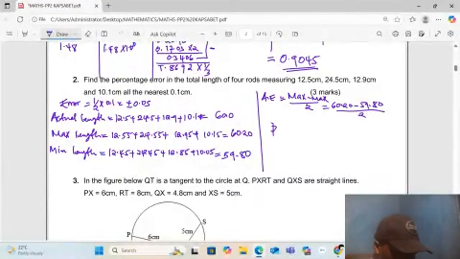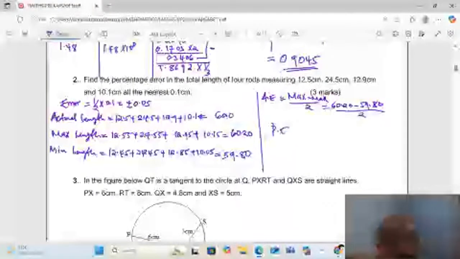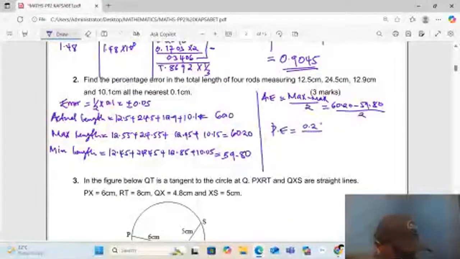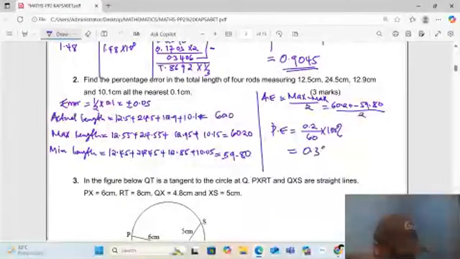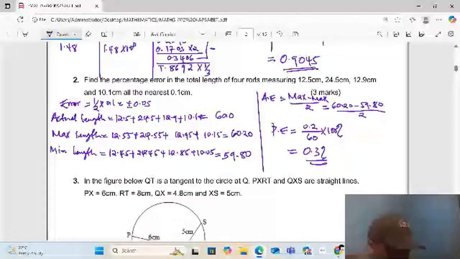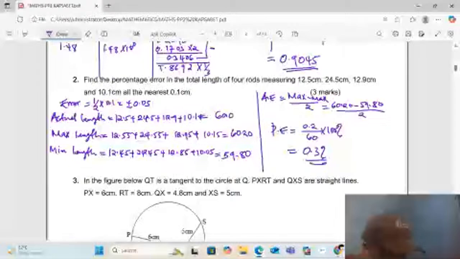So percentage error will be equal to 0.2 divided by 60 times 100%. So we are going to arrive at 0.3% as our percentage error of the given measurings. That is how you get your 3 marks.